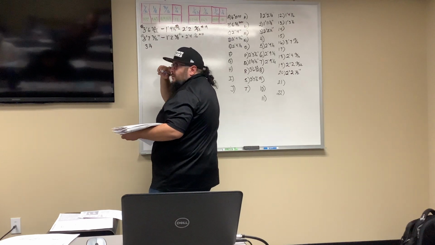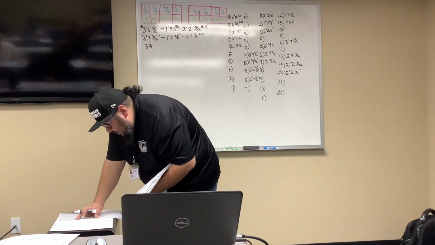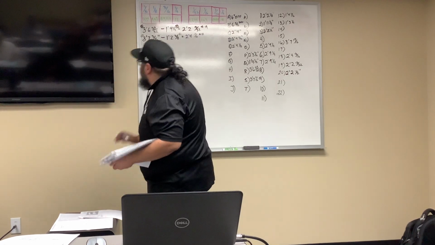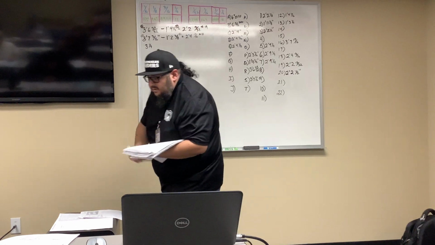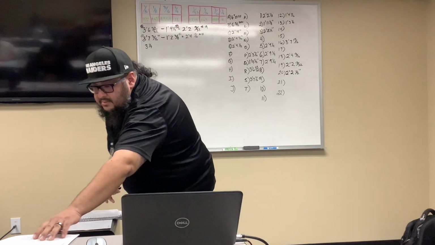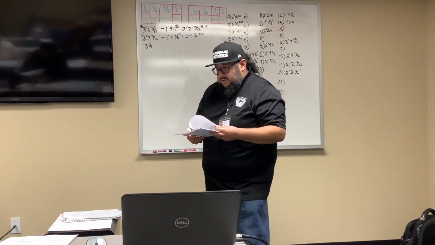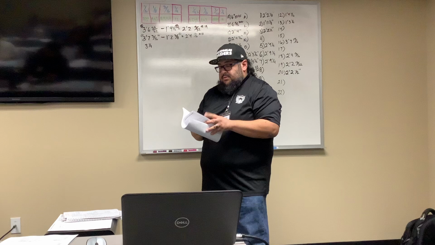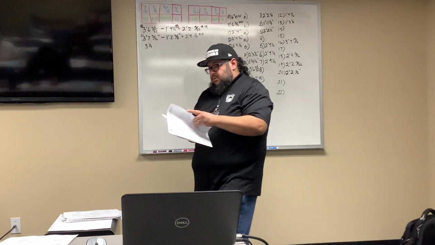So, O is a 3.5 sanitary tap T, so the bottom of that is 3 1/4. So where do you find that out? You find that out in your fitting guide. So, just find it, so we're all on the same page.